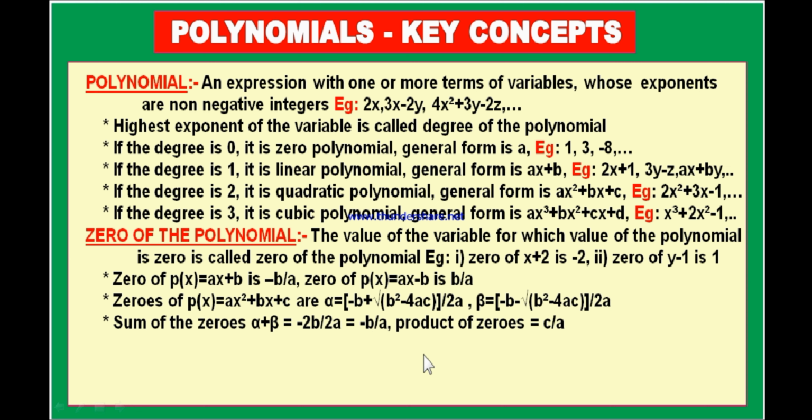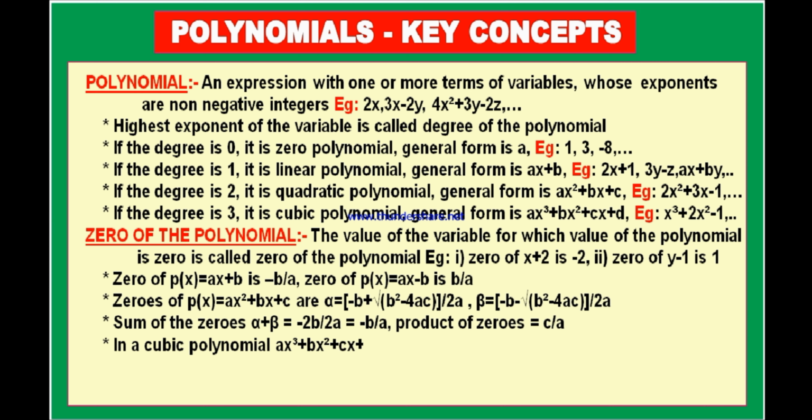What is b and what is a and what is c and what is a? a is nothing but the coefficient of x square, b is the coefficient of x, and c is the constant term. Then the sum of the zeros alpha plus beta is minus b by a, meaning minus of x coefficient by x square coefficient. And the product of the zeros is c by a, that is the constant term by the coefficient of x square. This is the product of the zeros.